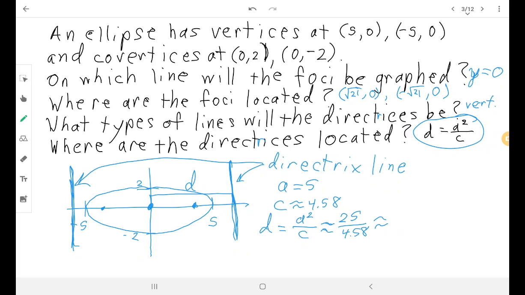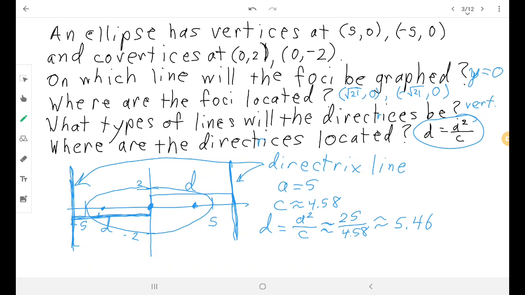Let me redo it on a calculator just to be sure. So this comes out to approximately 5.46. And so that distance will hold on the negative side also.